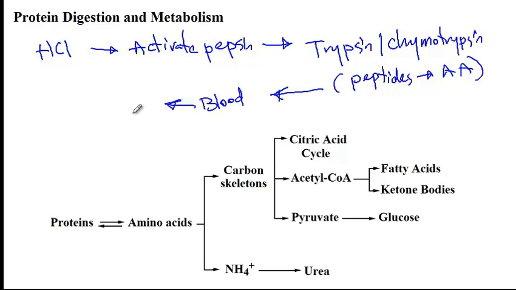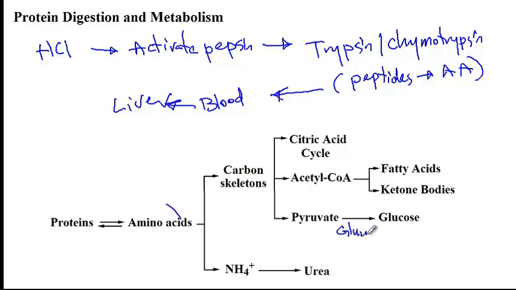And then later on, amino acids will enter the blood for transport to the liver, where at this site amino acids are degraded into ammonium, which is converted to urea for excretion. So here you can see that the proteins are converted into amino acids. The carbon skeleton can be used for the citric acid cycle. It can be used for production of acetyl coenzyme A or pyruvate for glucose production.